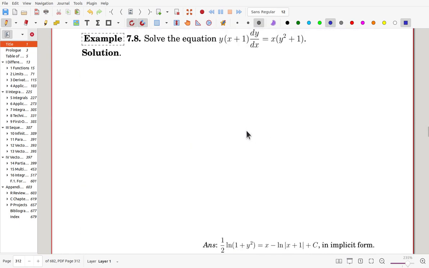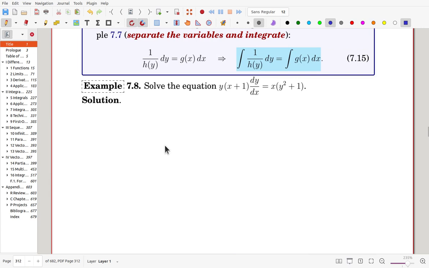Okay, now let's try to solve this differential equation. For that one, now that is separable. Everything is connected by multiplication so that it is separable.